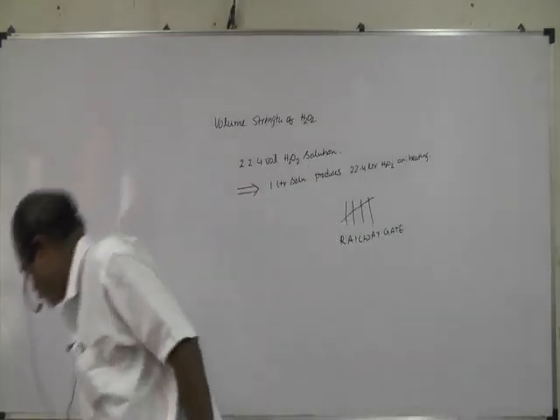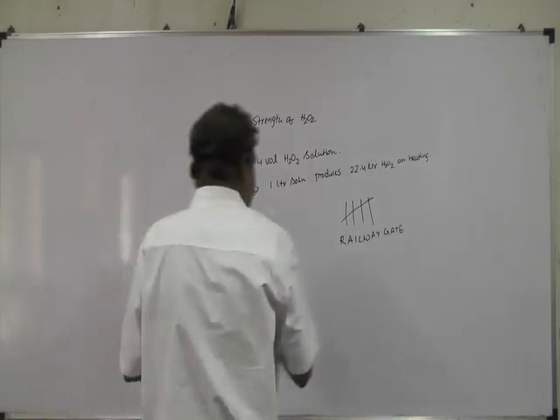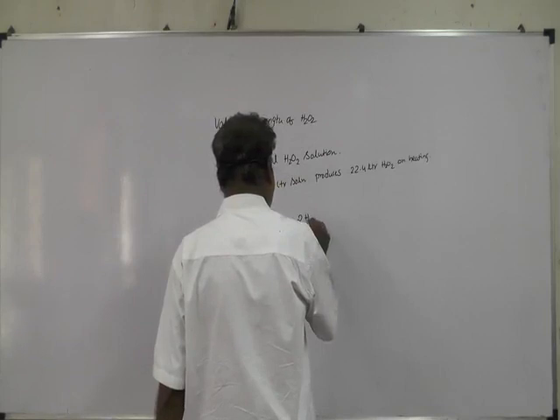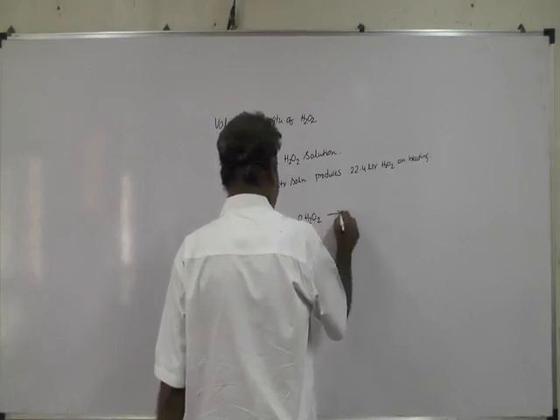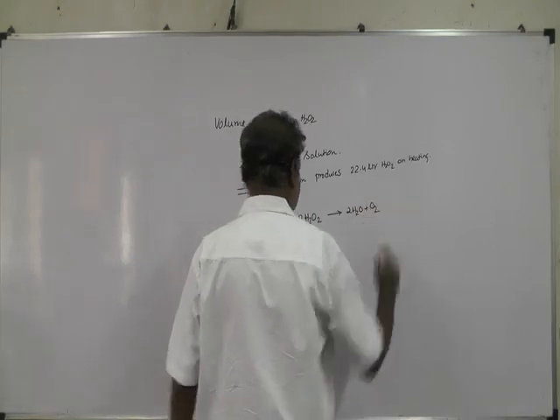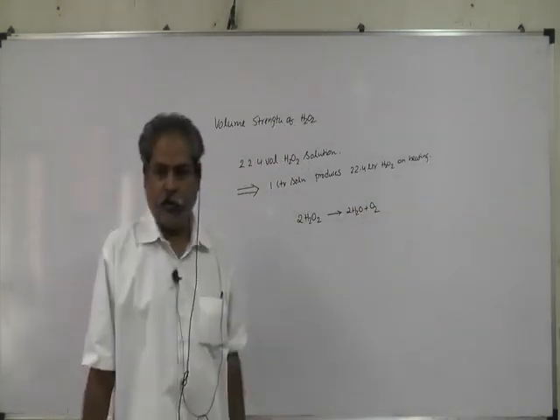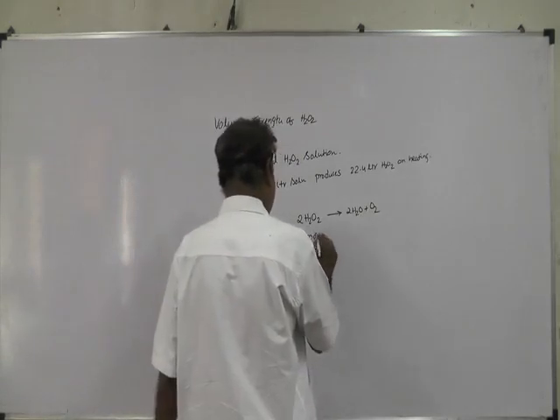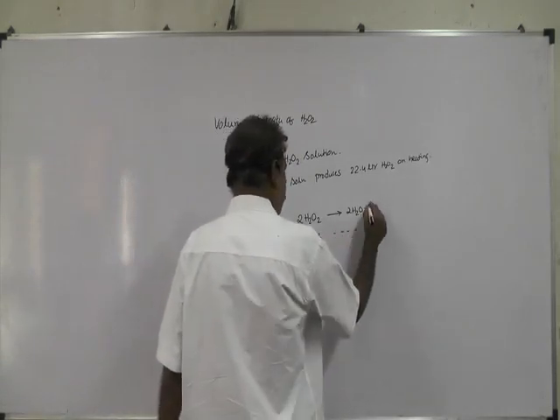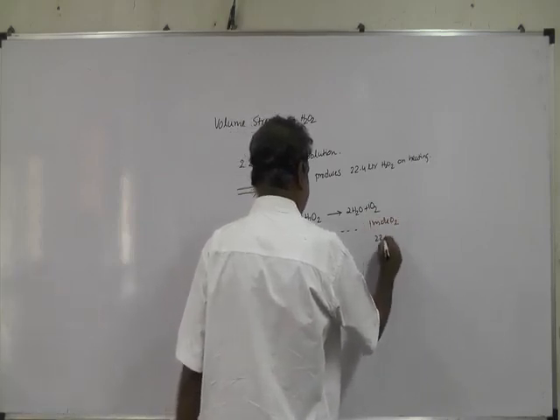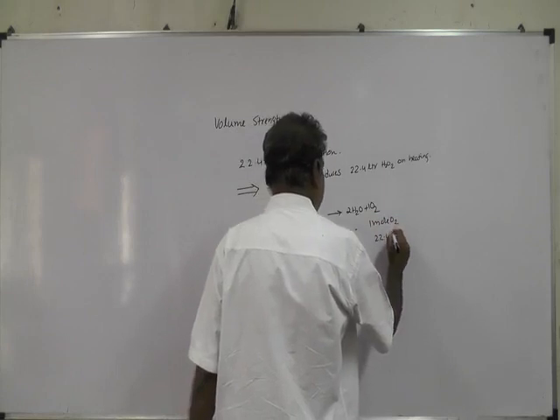Now, H2O2 is less stable. 2 H2O2 on heating gives 2 H2O plus O2. So, 2 mole H2O2 gives 1 mole oxygen, that is 22.4 liter at STP.